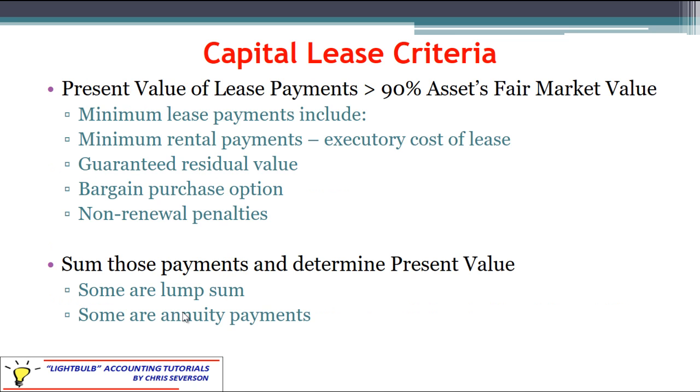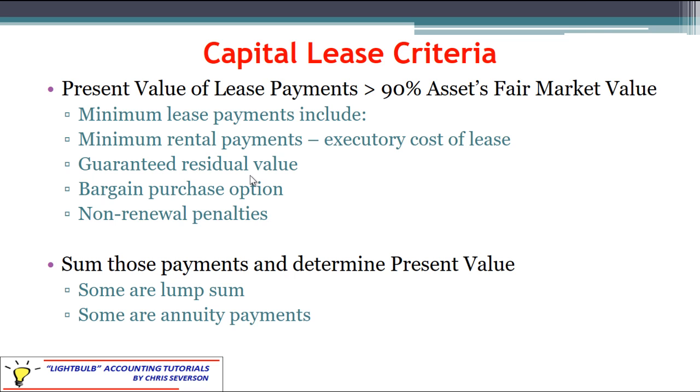The lease payments, the minimum lease payments we're talking about, would include the minimum rental payments, the guaranteed residual value. In other words, if we enter into this lease, we're making sure that we're taking care of this asset, and we guarantee that this asset will be worth a certain amount of money by the time we give it back to the lessor. In other words, we're not going to ruin their, let's say it's a vehicle.